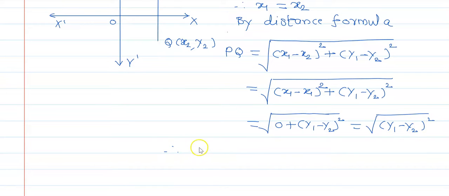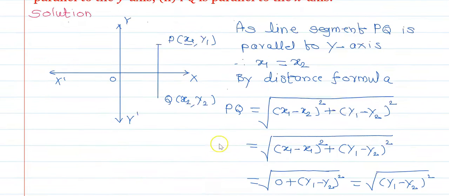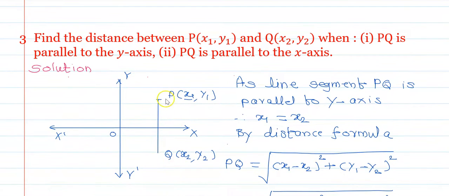Therefore, the distance PQ is equal to the modulus of y1 minus y2 when PQ is parallel to the y-axis. Now we find out PQ when it is parallel to the x-axis.